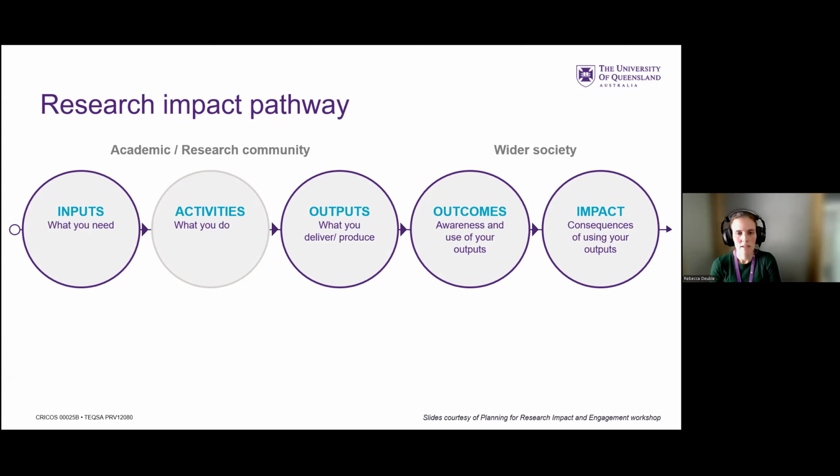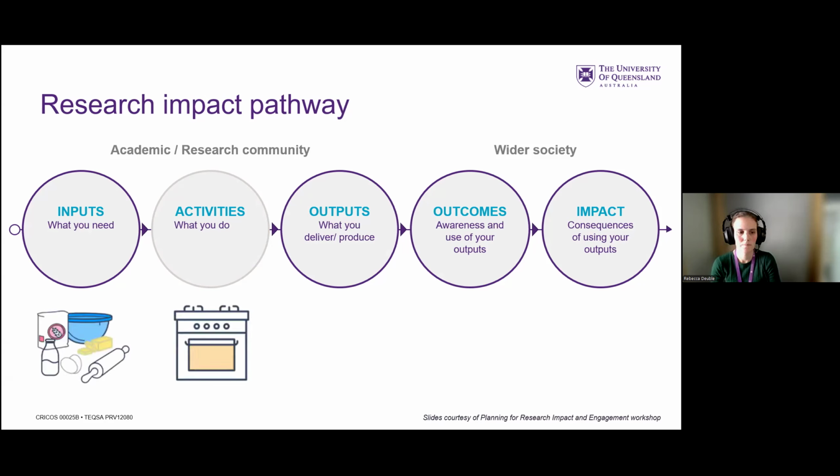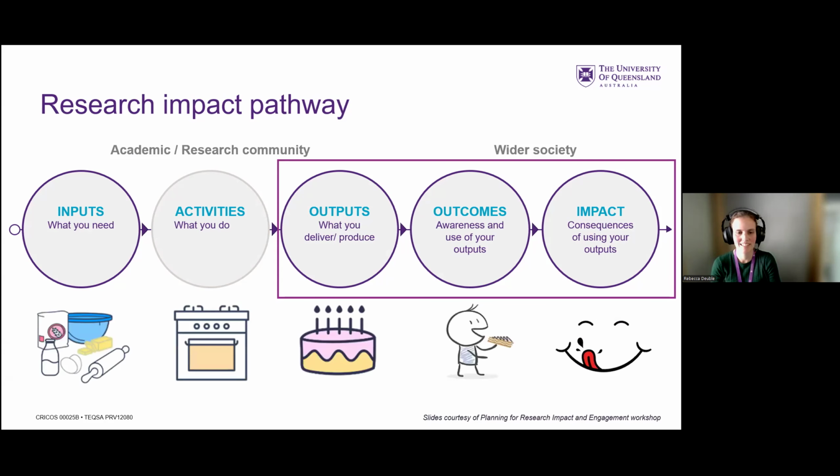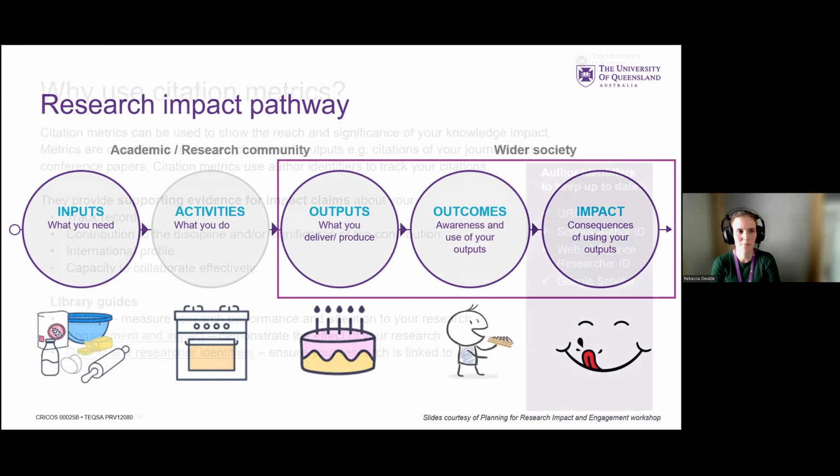The outcomes are the awareness and use of your outputs. This part of the diagram is in wider society. And then the impact is the consequences of using your outputs. And there are nice illustrations there as well.